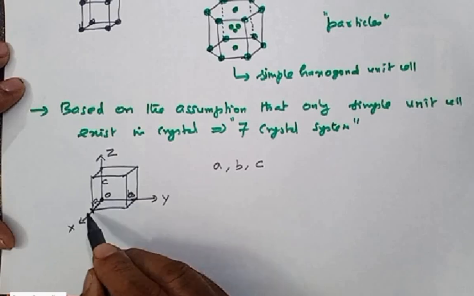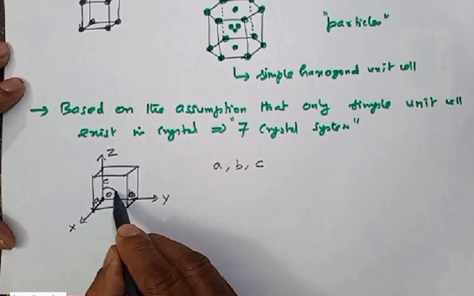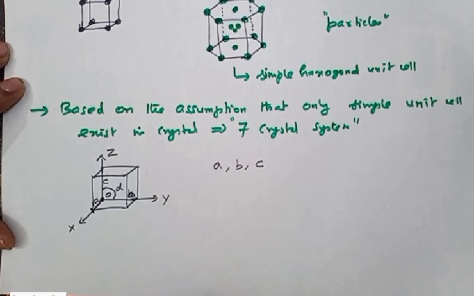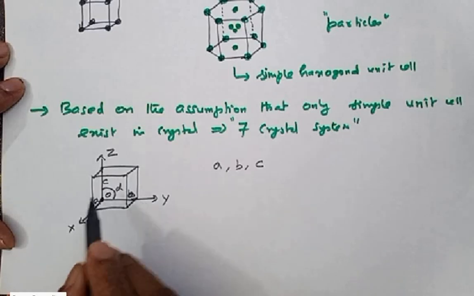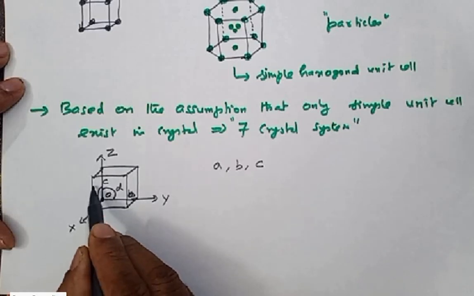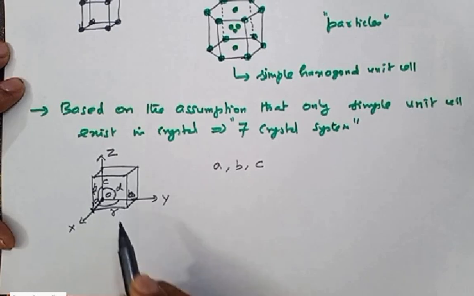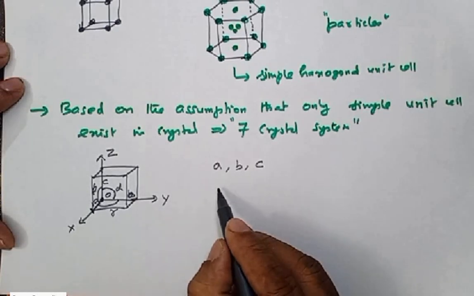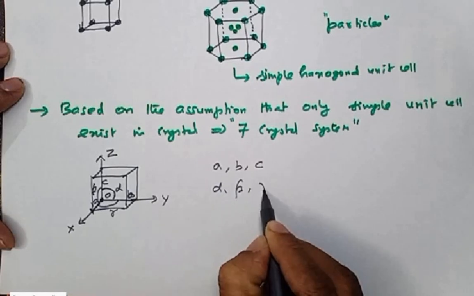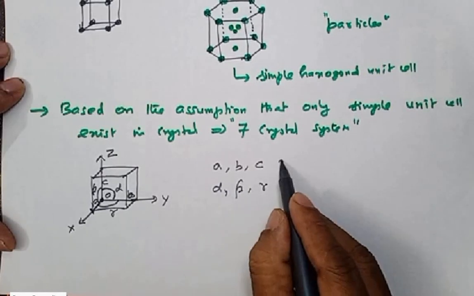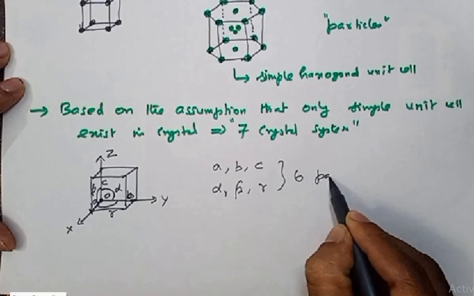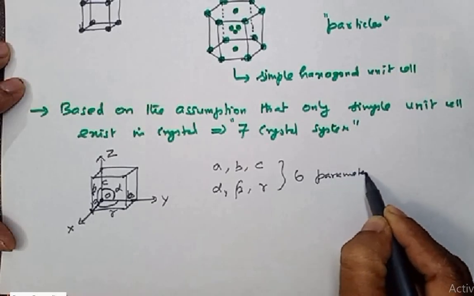The angle opposite to the x-axis, that is the angle between y and z, is called alpha. The angle opposite to y, that is the angle between x and z, is called beta, and the angle opposite to the z-axis is called gamma. So there are 3 angle parameters: alpha, beta, and gamma. Altogether, there are 6 parameters.